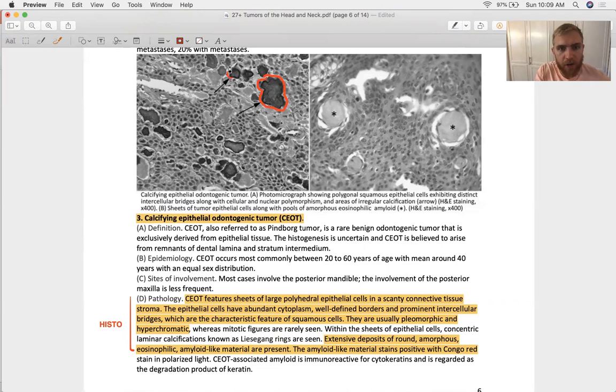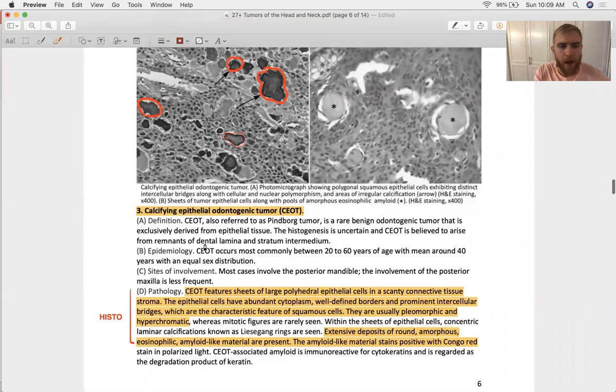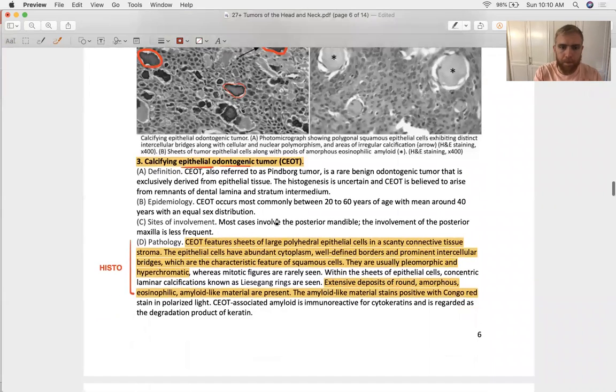But what you've got to understand is they're always just going to look like big blobs or rocks or geodes, like a big rock in the middle of a bunch of cells. And it being an epithelial tumor means the lineage of cell that turns cancerous is going to be an epithelial cell. And then odontogenic means that it's going to pop up around the teeth.